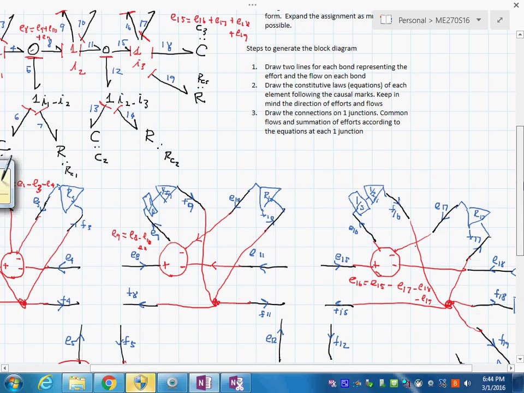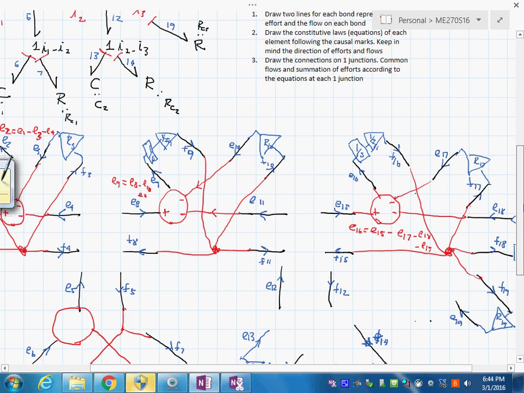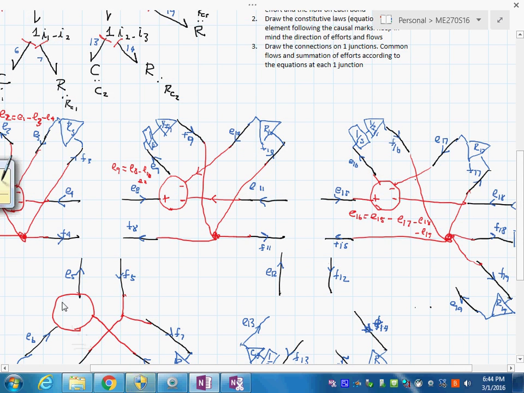Very good. So in this case we do the opposite. The efforts are the same, so we put all this in here, and then we have to add the flows, and the flows are added based on the equations also. Right here it says that F4 is equal to F8 plus F5.